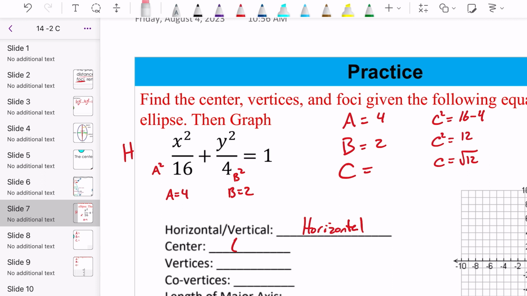We are going to go off of the fact that your center is going to be 0, 0. Your vertices, remember, that's going to be the longer side of your ellipse, will be based off of knowing the center and knowing how far to the right or left it will go.